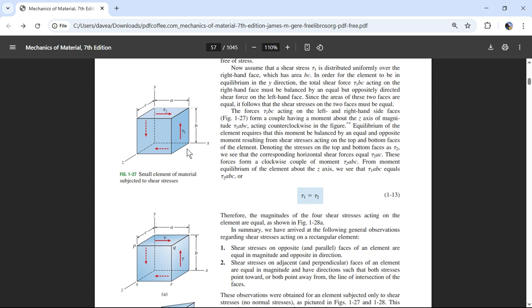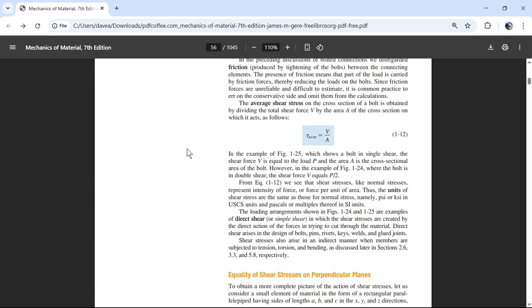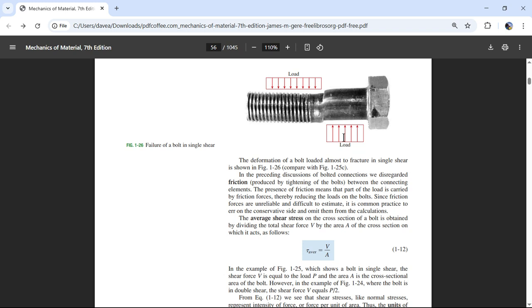Just in general, we say this force is equally distributed along that surface. That's where we get this average shear. This is where the empiricism comes in, because you can't actually have shear forces on the surface of this bolt. The shear forces have to be internal, and they're a maximum in the middle.